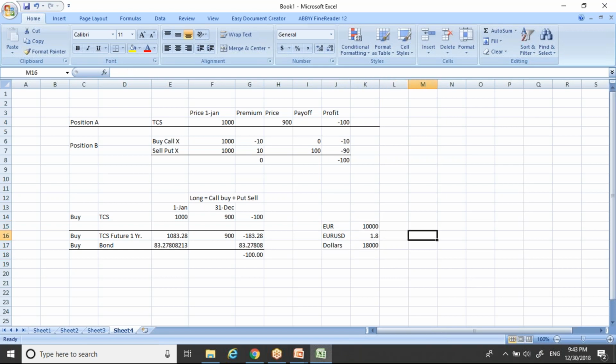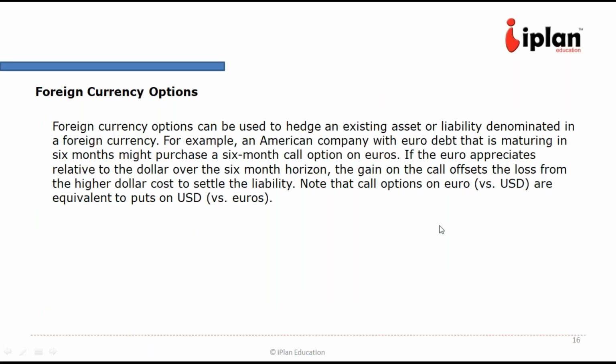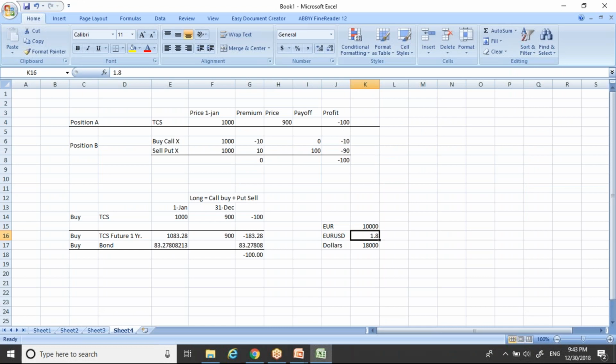And in future, let's suppose you believe that the euro will get stronger. So if the euro appreciates in future, what will happen? Let's say this is 1st January and this is 30th of January, and you believe that the euro will appreciate, which means you need to pay more dollars to buy 1 euro, because the dollar is depreciating.